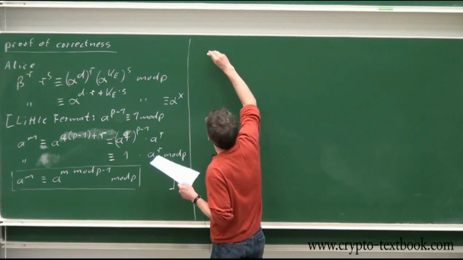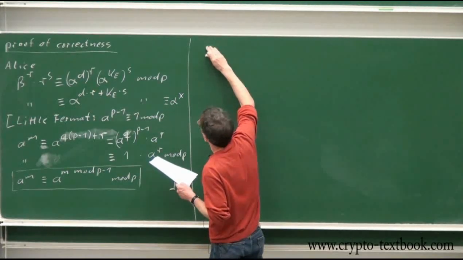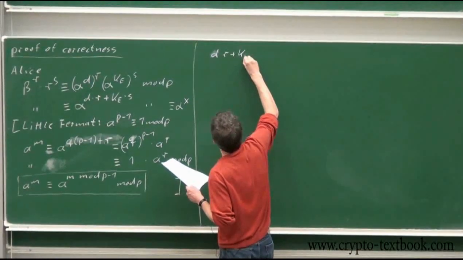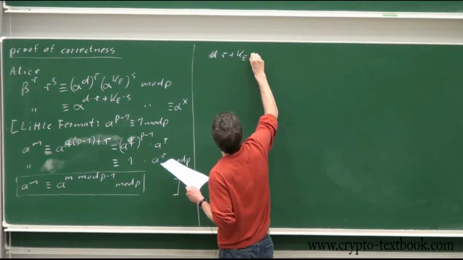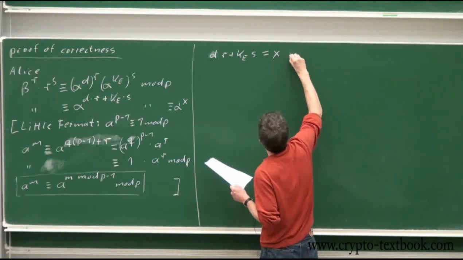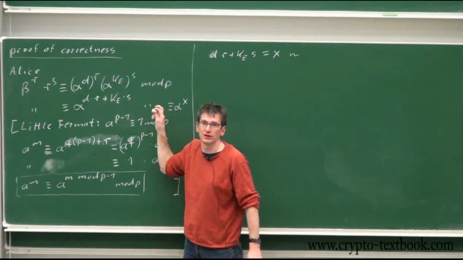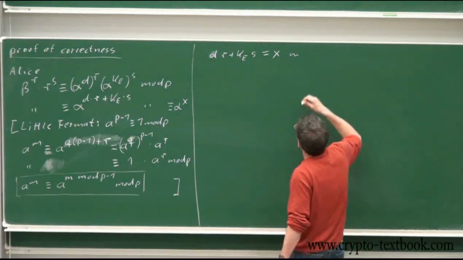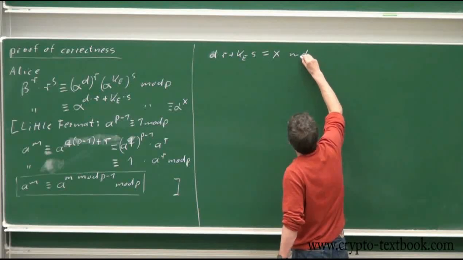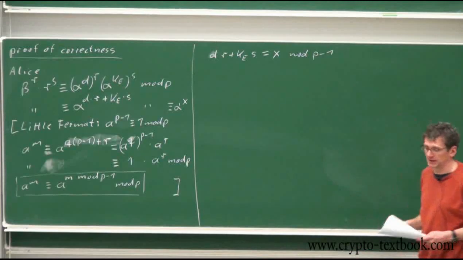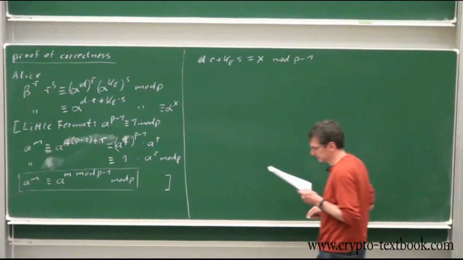So from this now it follows that d times r plus ke times s is identical to x. We compare the exponents, and from little Fermat we saw that we are allowed to do mod p minus 1 arithmetic when we work with the exponents here.